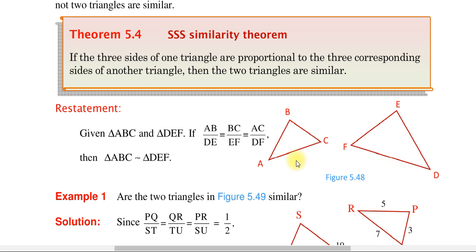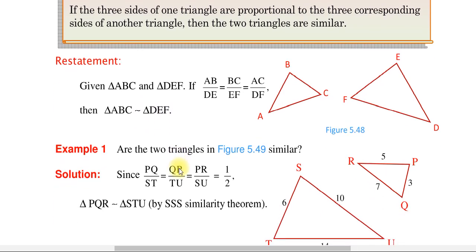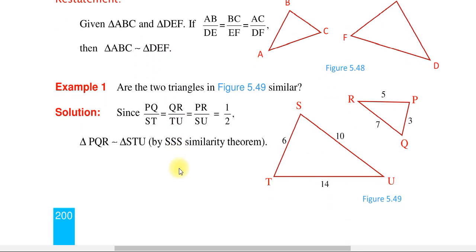Okay, so እንደዚህ ከሆነ then triangle ABC is similar with triangle DEF ማለት እንችላለን ማለት ነው። So for example, are the two triangles in figure 5.49 similar?